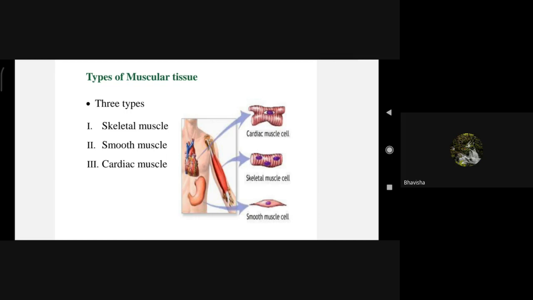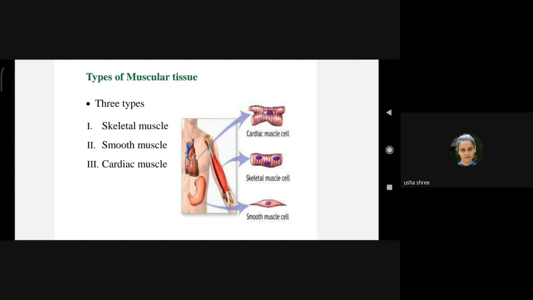Skeletal muscle is also called striped muscle. Then cardiac muscle is also striped, but it does not follow all the characteristics of skeletal muscles. Smooth muscles follow some rhythmic movement.